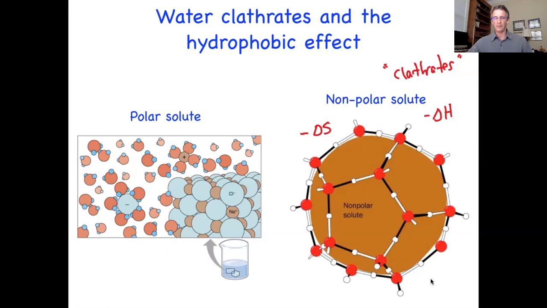And the issue that arises is that even though these hydrogen bonds are enthalpically favorable, they're so entropically expensive that if you give the water an option, it's going to minimize the energetic penalty.